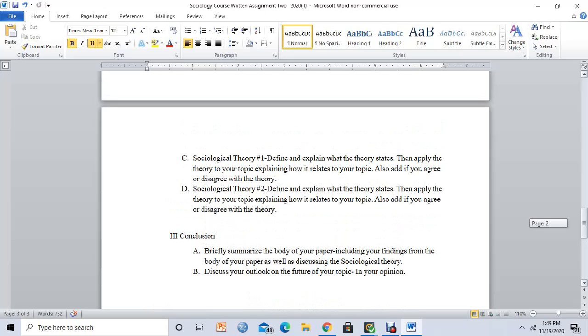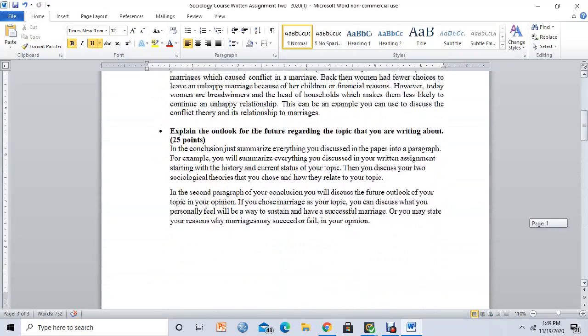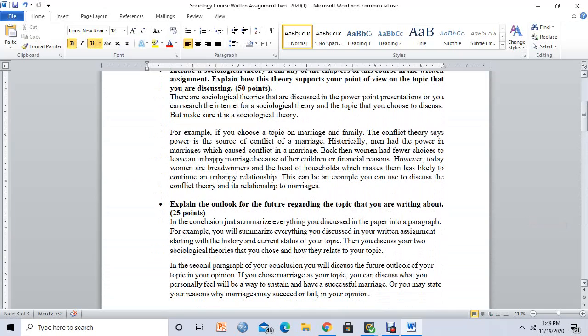So let me go back up to here, for instance. When we're going back into the sociological theories, like I said, you're all familiar. That's what I do. I give you all sociological theories. For example, if you choose a topic on marriage and family, the conflict theory says power is a source of conflict in a marriage. They say historically men had the power in marriages, which caused conflict in a marriage.